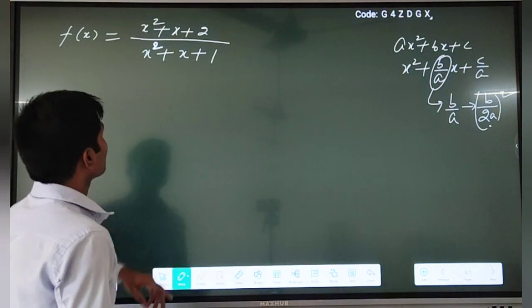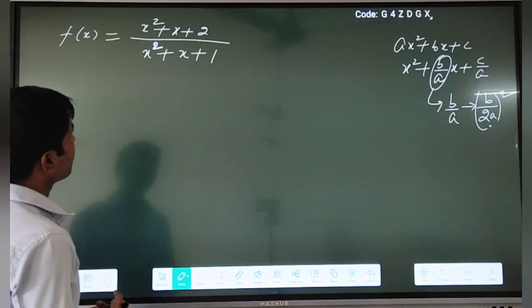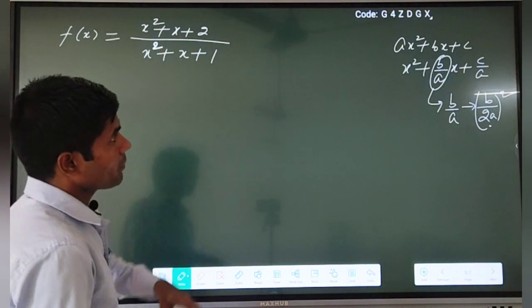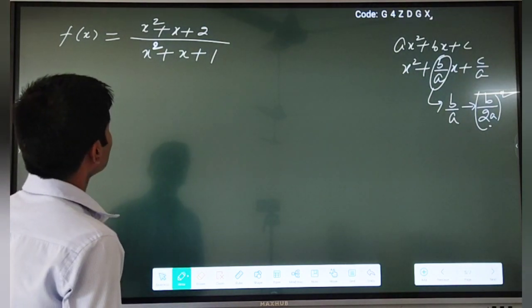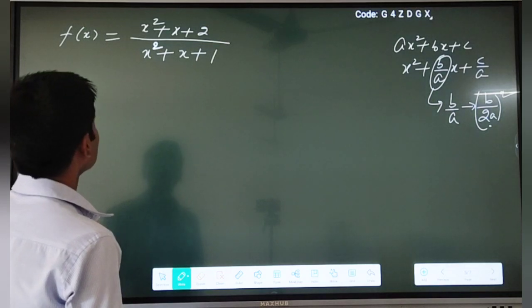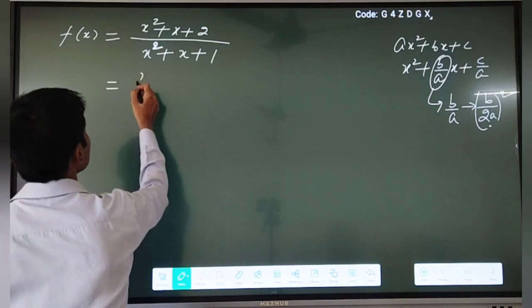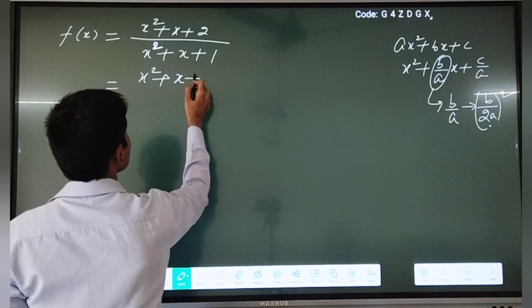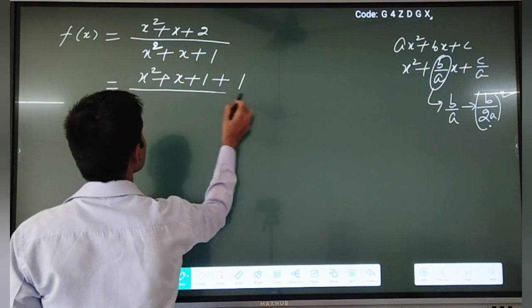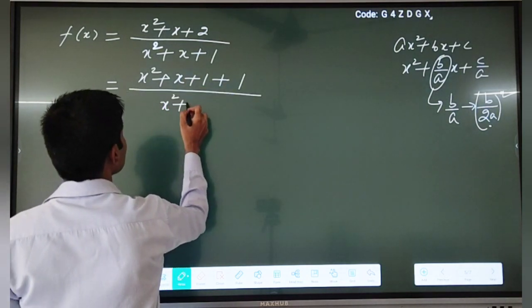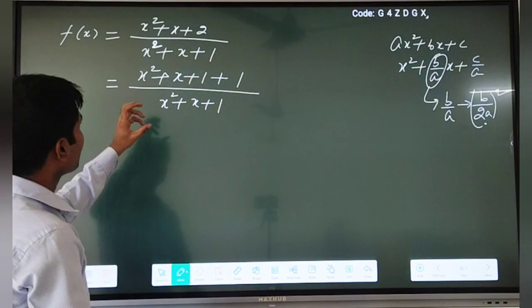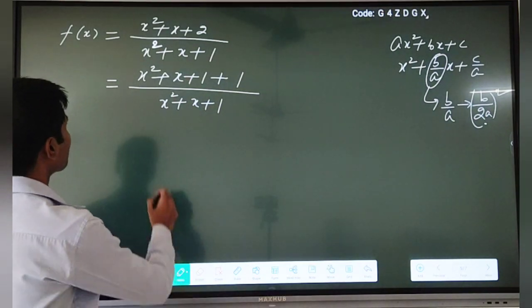Similarly we can solve this question, but before applying the perfect square method, we can write this function in a simpler form. We can write x square plus x plus 1 plus 1, over x square plus x plus 1. We are writing the numerator in the form of the denominator.